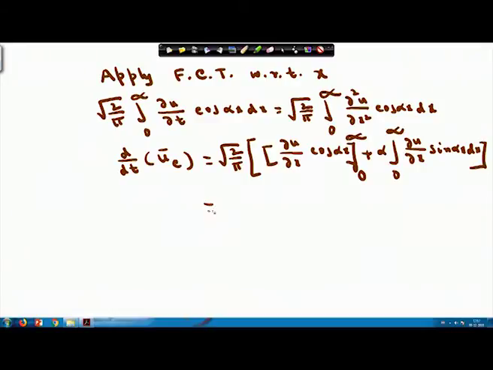Please note that for del u del x, it is given two things. One is u(0, t) is 0 and del u del x approaches 0 as x approaches infinity. These two conditions are provided.